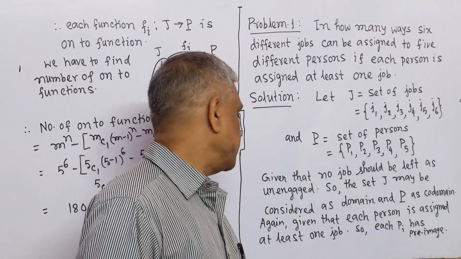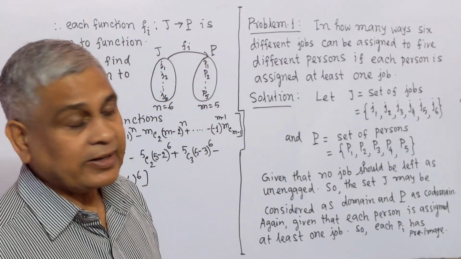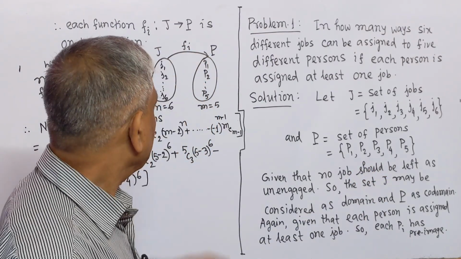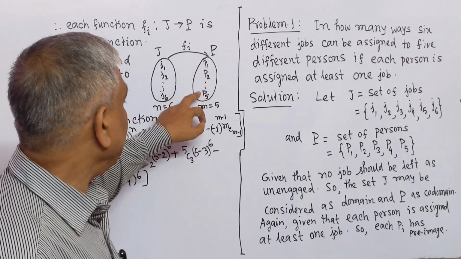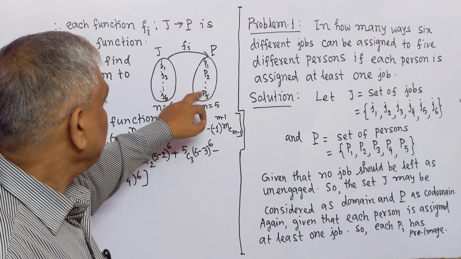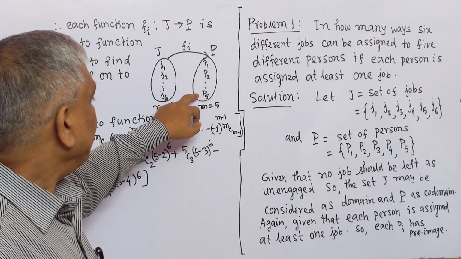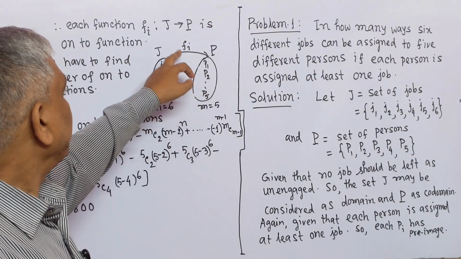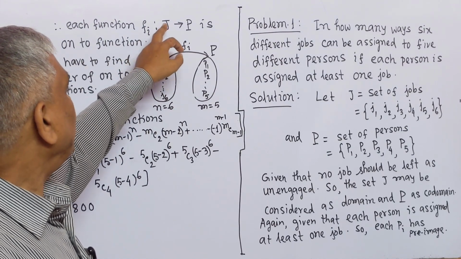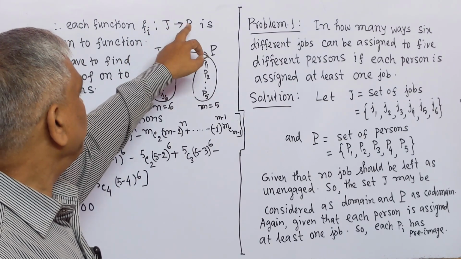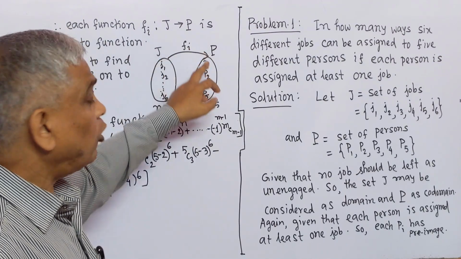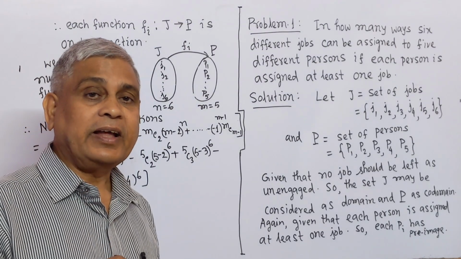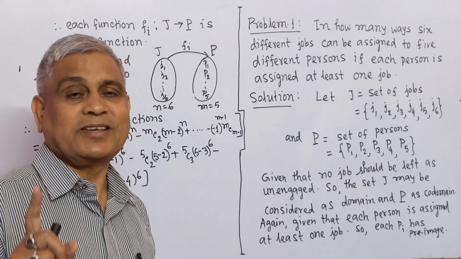Again, given that each person is assigned at least one job, each Pi has a pre-image. That means this function f defined on set J to set P is an onto function. Now we have to find the number of onto functions.